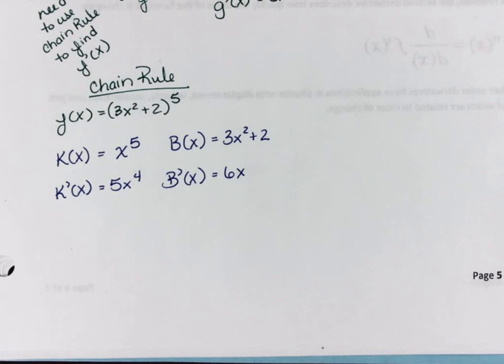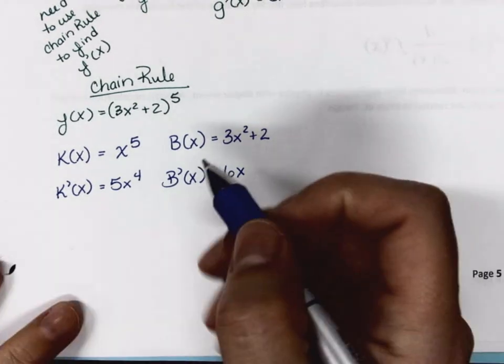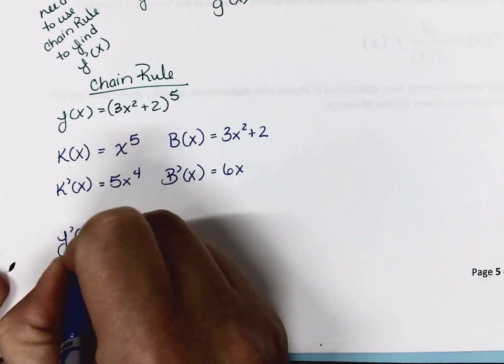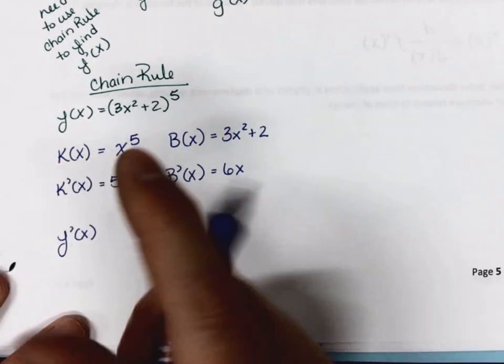Okay, now we've got to actually put the chain rule together. So what does the chain rule say? The chain rule says that we start with the derivative of the outside function, which in this case is our k of x.